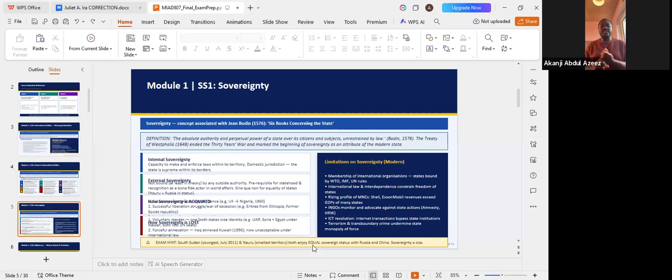The number one way is that a state can lose its sovereignty when it no longer has full control of its territory. Number one is through merger. We call it merger when you voluntarily lose your sovereignty. When two or more countries decide to join together to become one, that means one of them has lost its sovereignty. It happened in 1958.